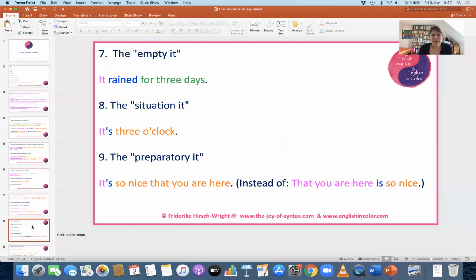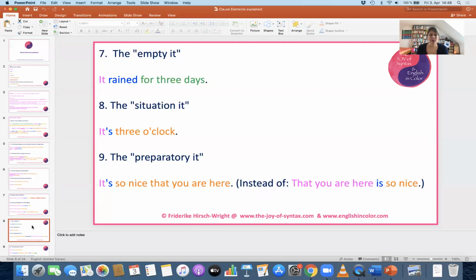Now, it is a regular pronoun when it refers to a preceding or following noun. But it can be an empty it, a so-called empty it. It can refer to nothing. It can just be a dummy subject so that something can be expressed.